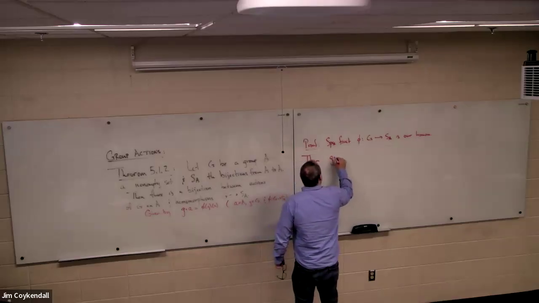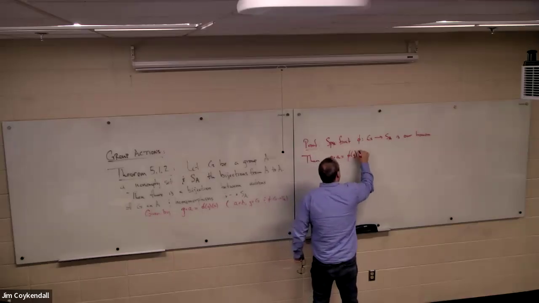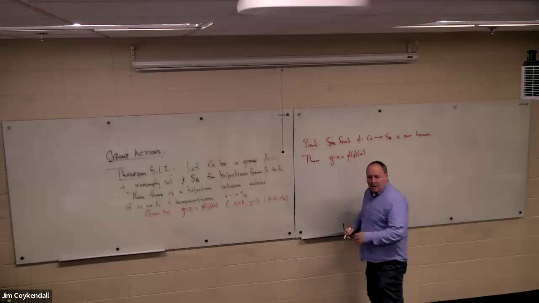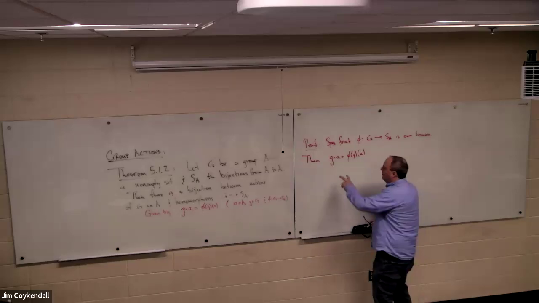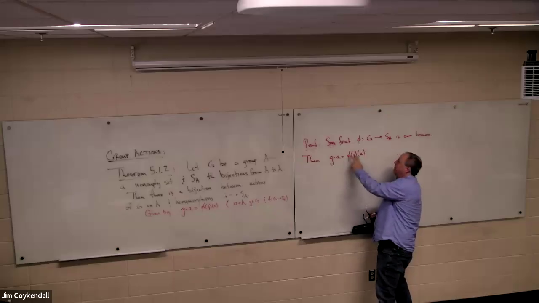Then if we define an action on A, just like we said here, let's think about what this does. G acting on A says, okay, shove g into this phi here.